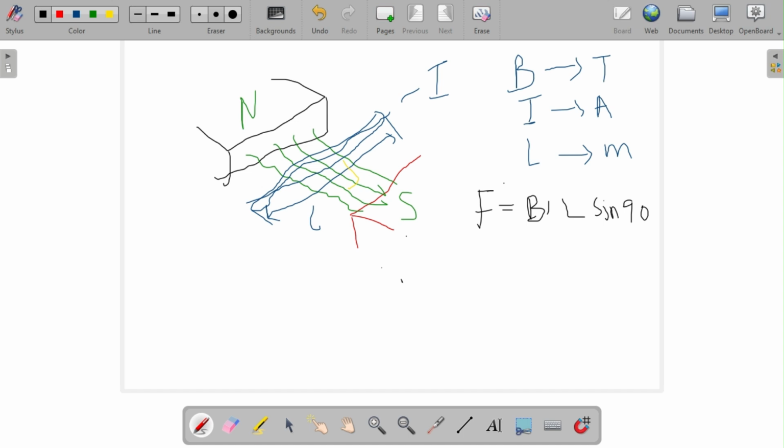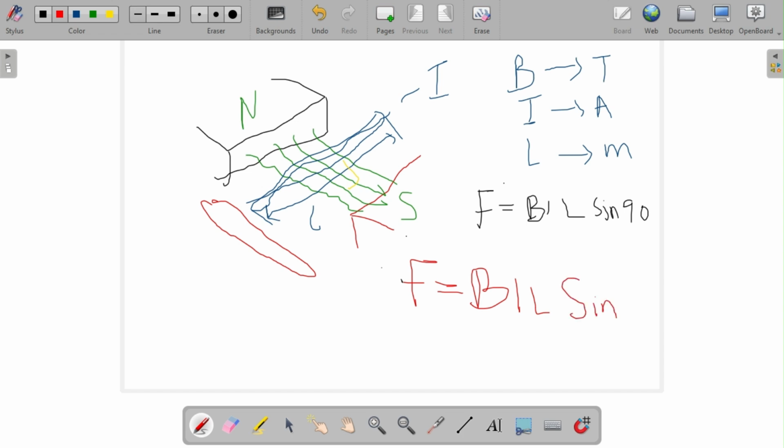But if this material is parallel to the field, I'm saying this as this. So this is parallel to the magnetic field. I will be seeing this 90 as 0. So F equals BIL sine 0.